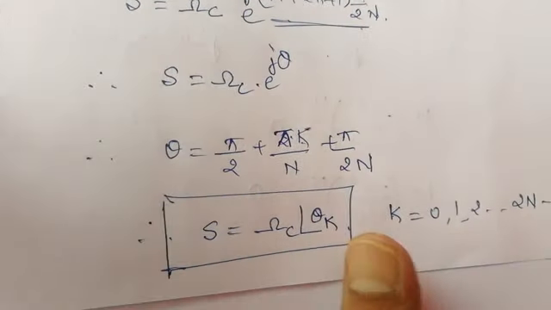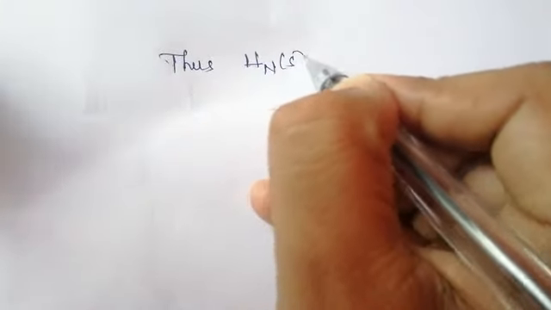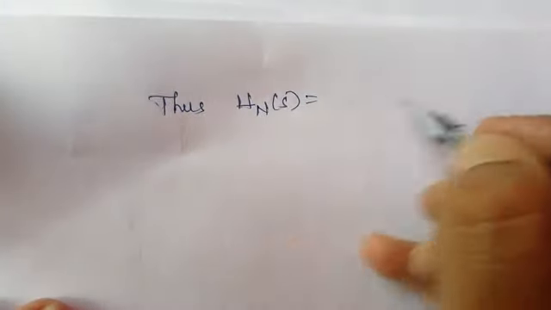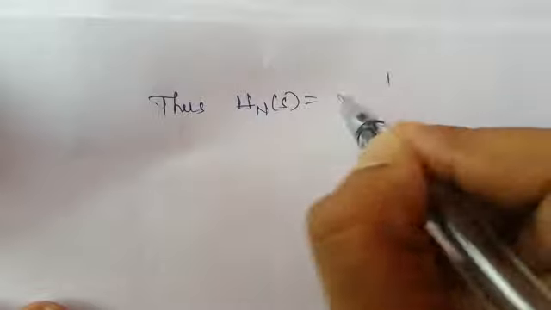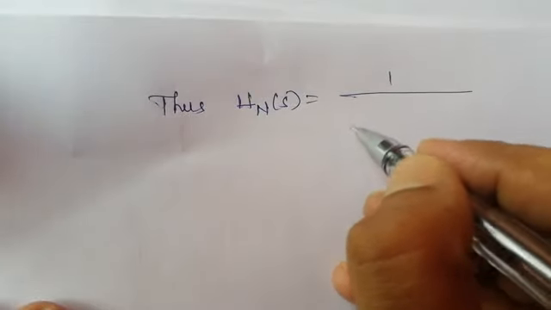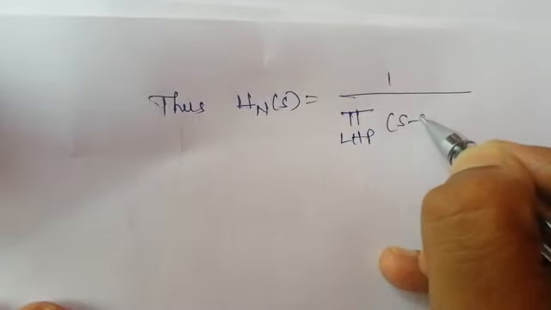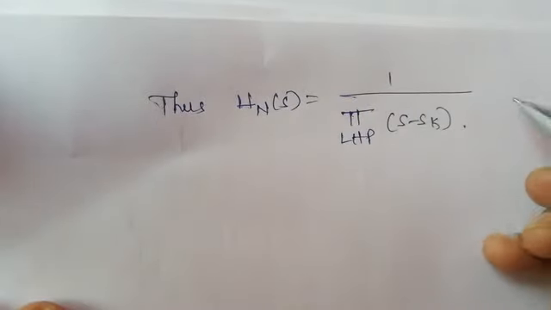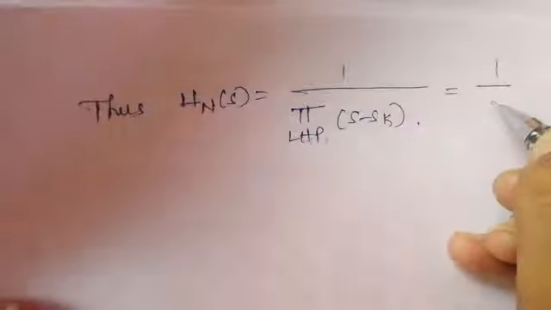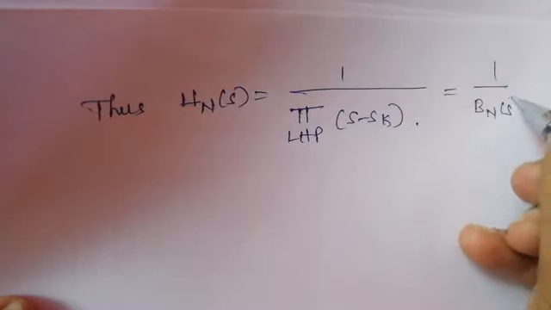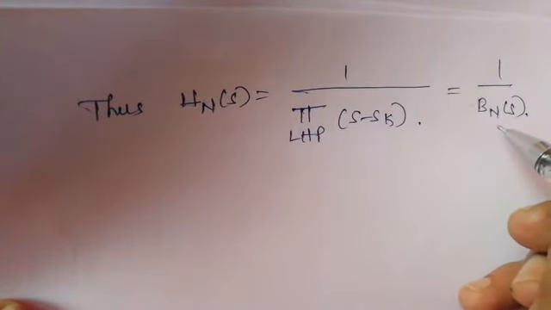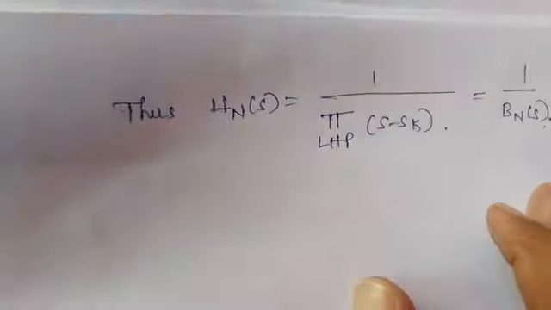Okay, thus we are representing the transfer function of the Butterworth filter as Hn of s equal to product of left half poles, 1 over (s minus sk), that is represented as Bn of s, Butterworth polynomial. Bn of s indicates Butterworth polynomial.